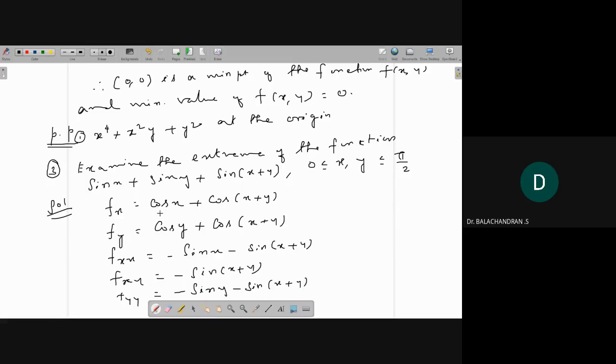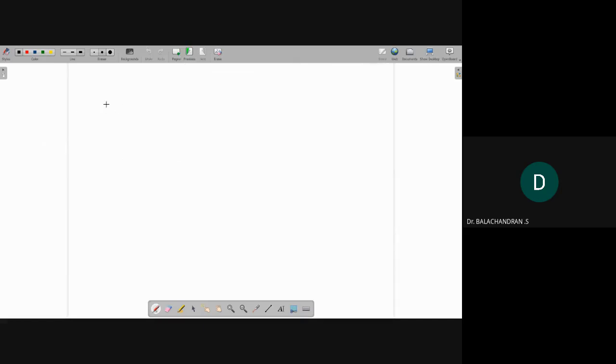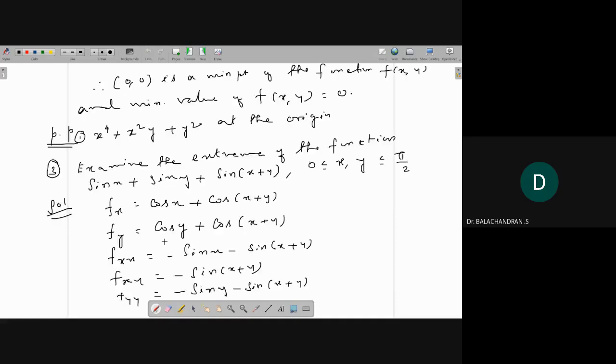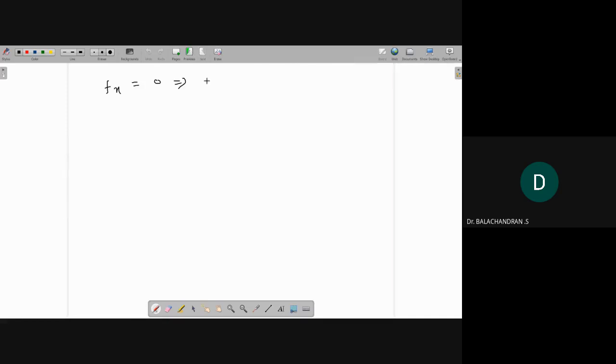Now equate fx equal to 0, fy equal to 0. Fx equal to 0 implies cos of x plus y equal to minus cos x.